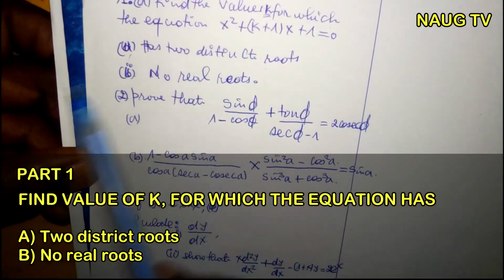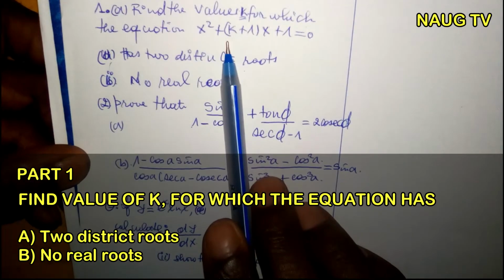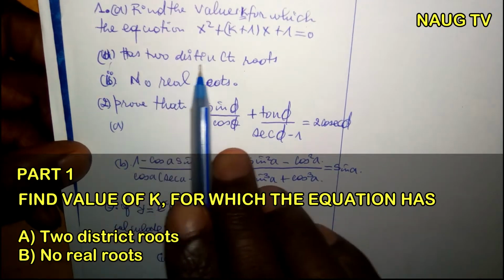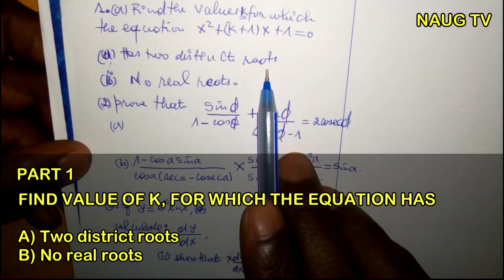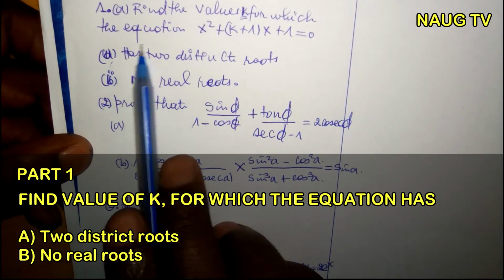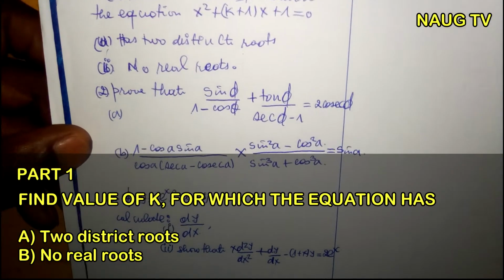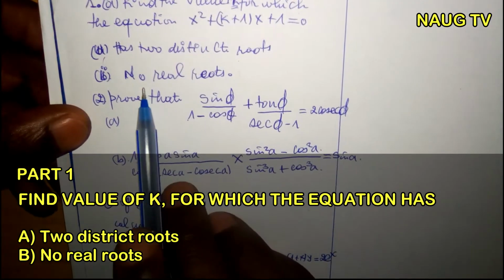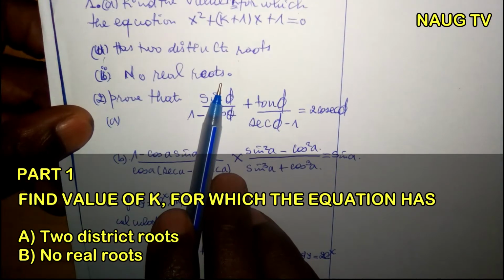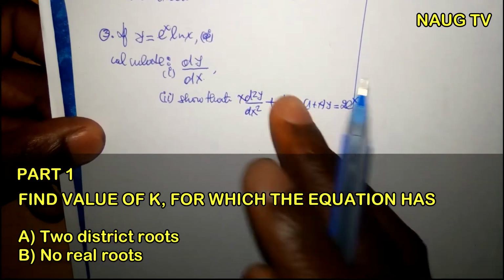First we have to find the value of k for which the equation has 2 distinct roots, and for which the value of k the equation will have no real root. It simply means that at this point it will have a complex root. Okay, right. So let's start.